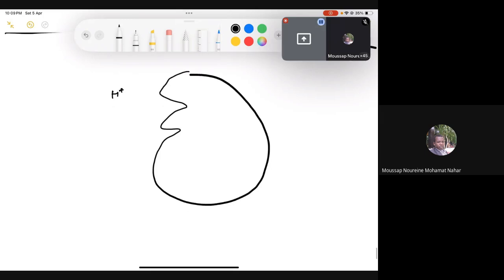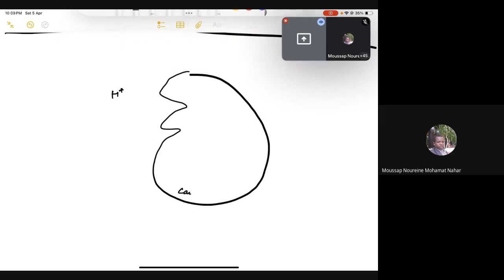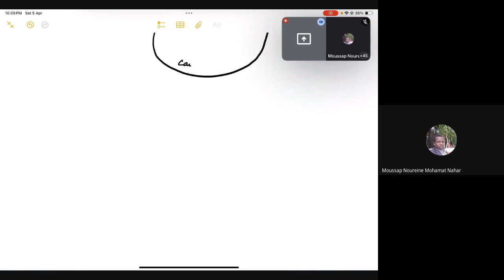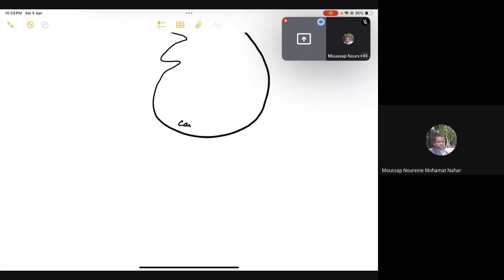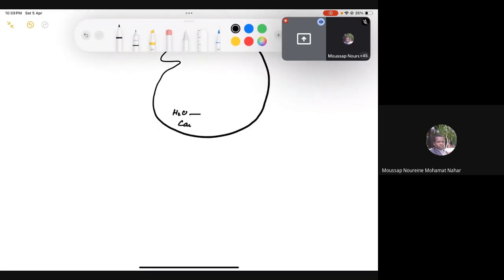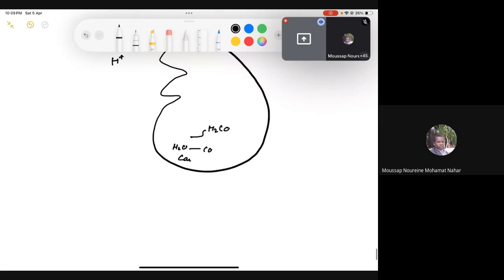Remember, we have carbonic anhydrase. We already know this enzyme because we have discussed it a lot. What's its function? It is going to join H2O and CO2 into H2CO3, which is in turn going to be converted into H plus and bicarbonate, right?